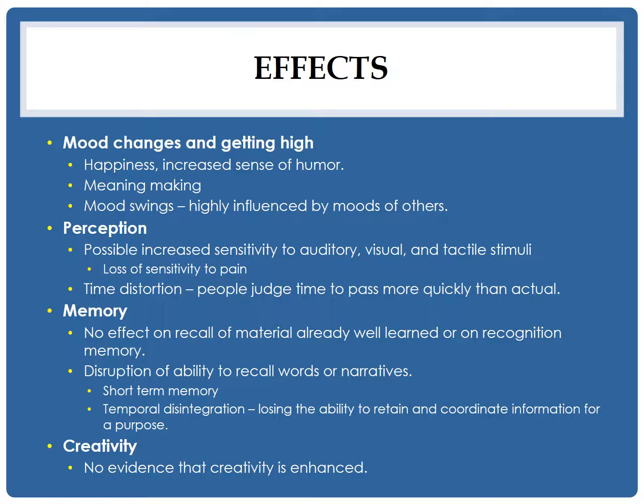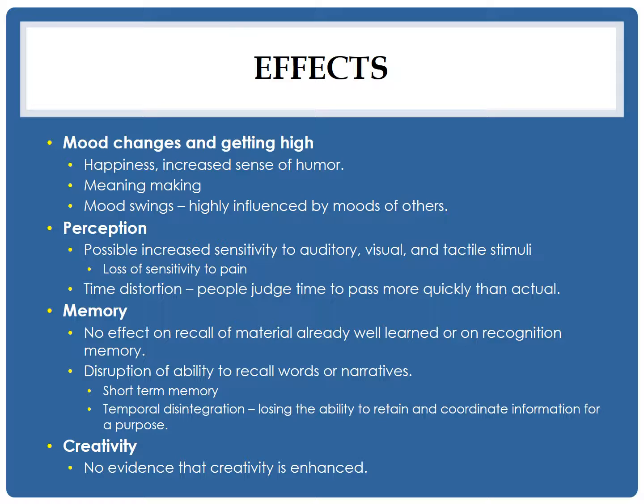And then mood swings. The user is susceptible to the moods of others. So if somebody else starts to have a mood swing, it's likely to be contagious. And the user, especially again in a social setting, the user's mood states have a big effect on each other's moods.